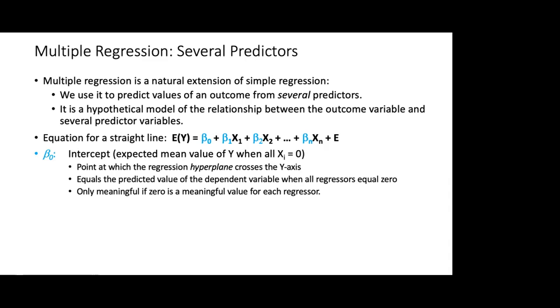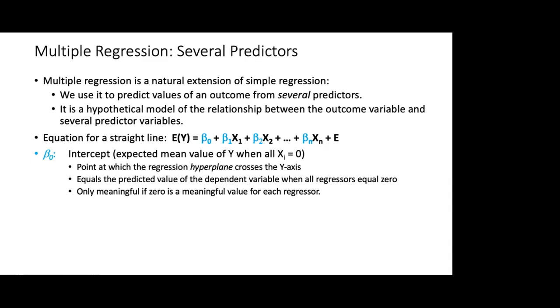If we have 2 predictors in our regression equation, then our regression hyperplane is simply a 2-dimensional plane, right? It's what we normally refer to as a plane. So we will have a figure on the next slide that shows that hopefully a little bit better.